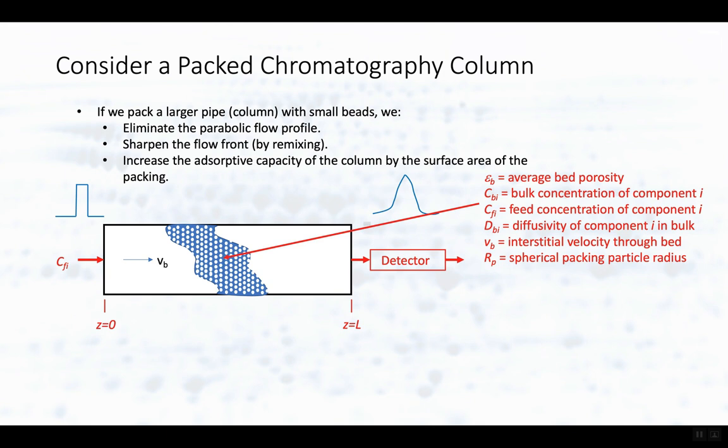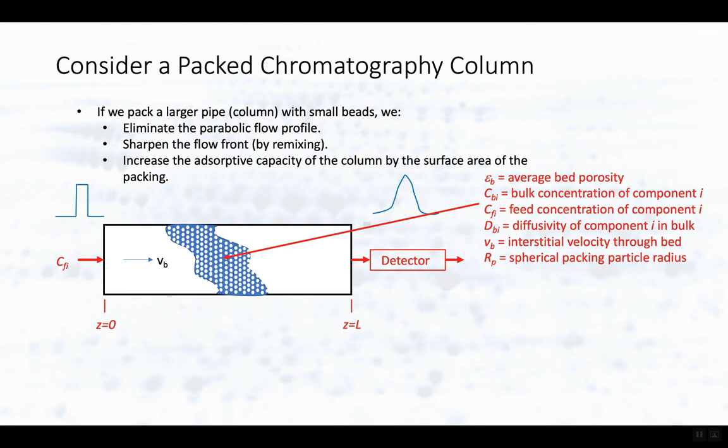If we start with a bolus of material coming in, a nice square wave bolus of material, and if you've ever run a chromatography column, you know that there's a sample loop that you load your sample into. You then switch the flow, so the flow is always constant through the column. You immediately switch the flow so that it goes up through the sample loop and pushes that sample into the column. That gives you a very square wave bolus into the column when you do that.